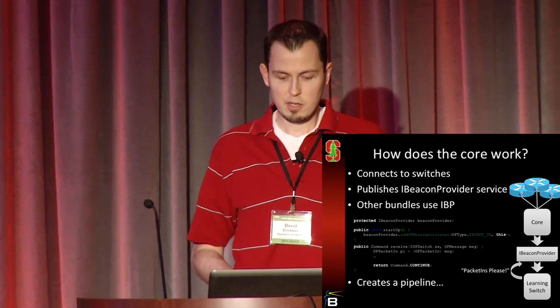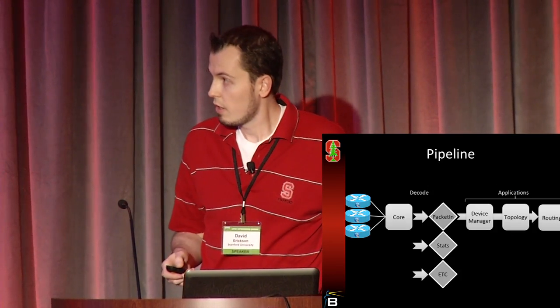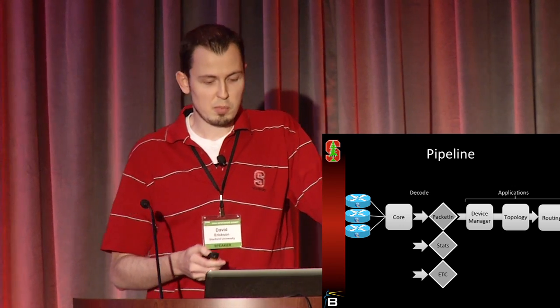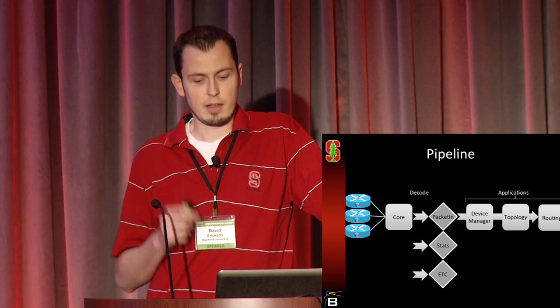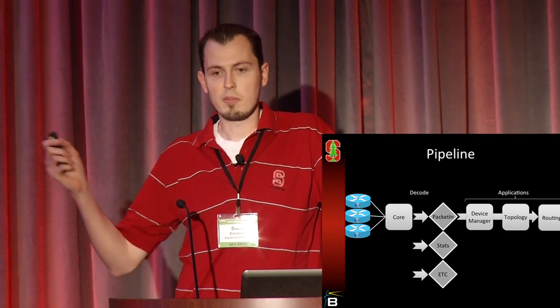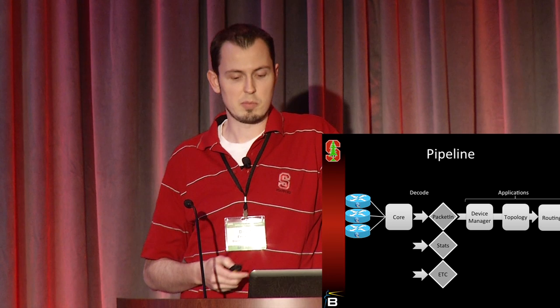And this creates a linear pipeline through the system. You can see here an example of such a pipeline. Applications will register for the types they're interested in, and as packets come in from switches, they will be run through each application in sequence unless one terminates the pipeline.